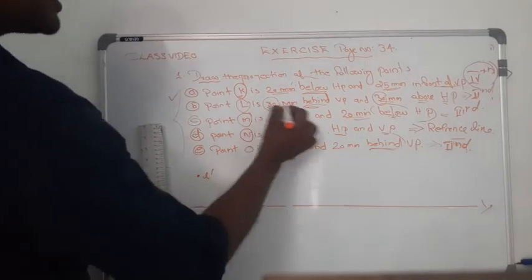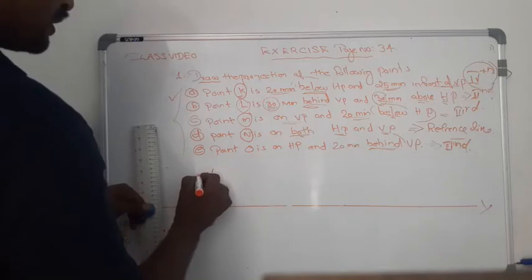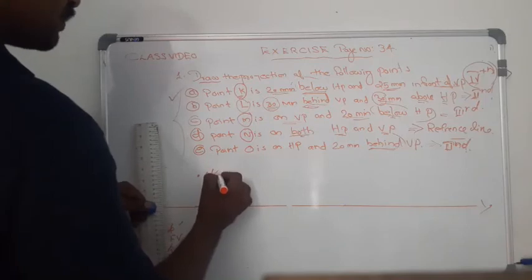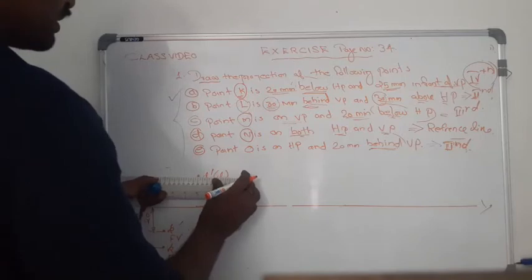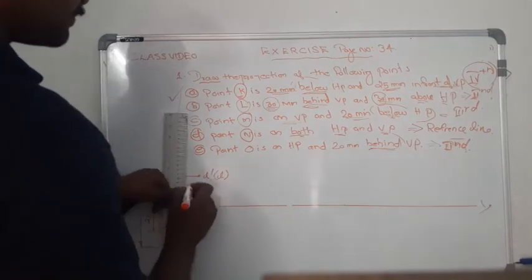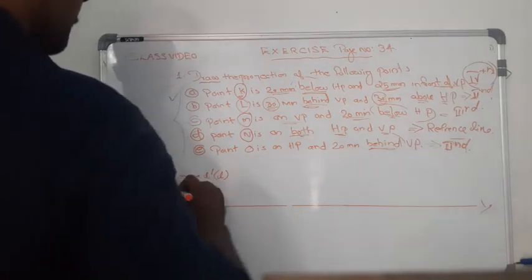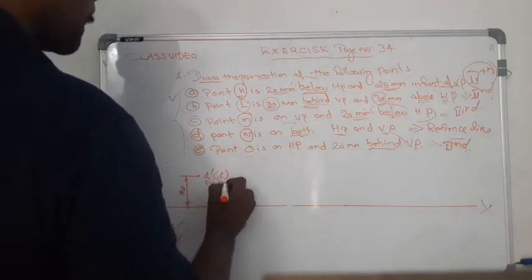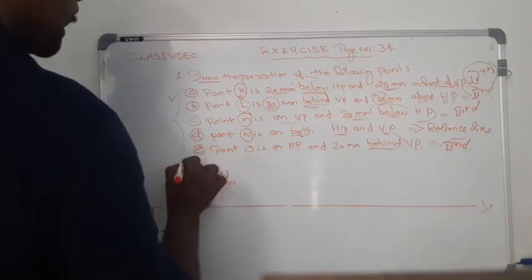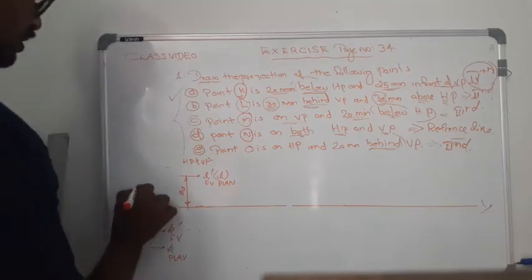So the distance is the same, 30. We put the same point here for showing the plan. The plan is represented by l, without dash. This is the front view, this is the plan. Both HP and VP come above the XY. This is the first question, this is the second.